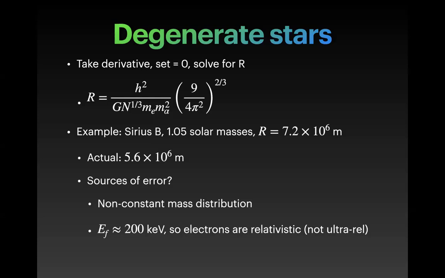We shouldn't go back and redo this calculation using the density of states for ultra relativistic, that would be even worse. But there is some relativistic correction to the density of states that we can't calculate, and that's going to be a big contribution. So those are the two main sources of error.